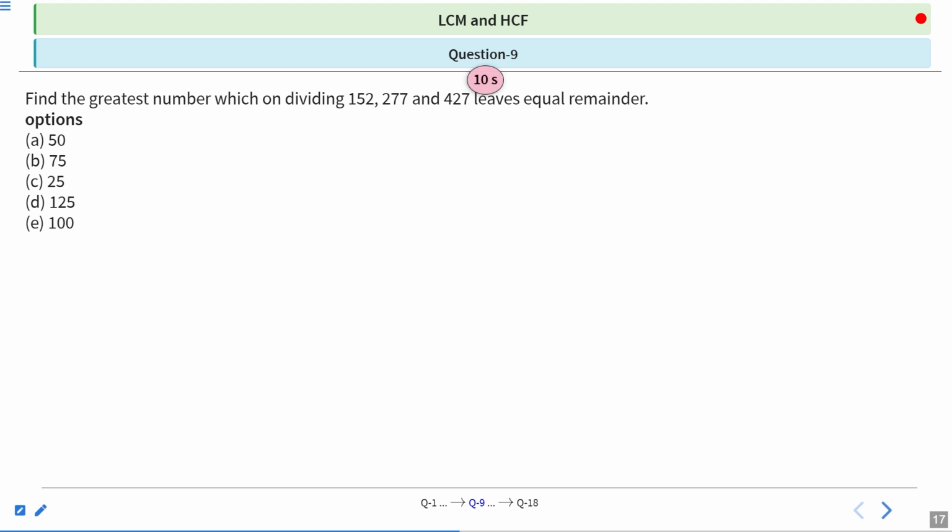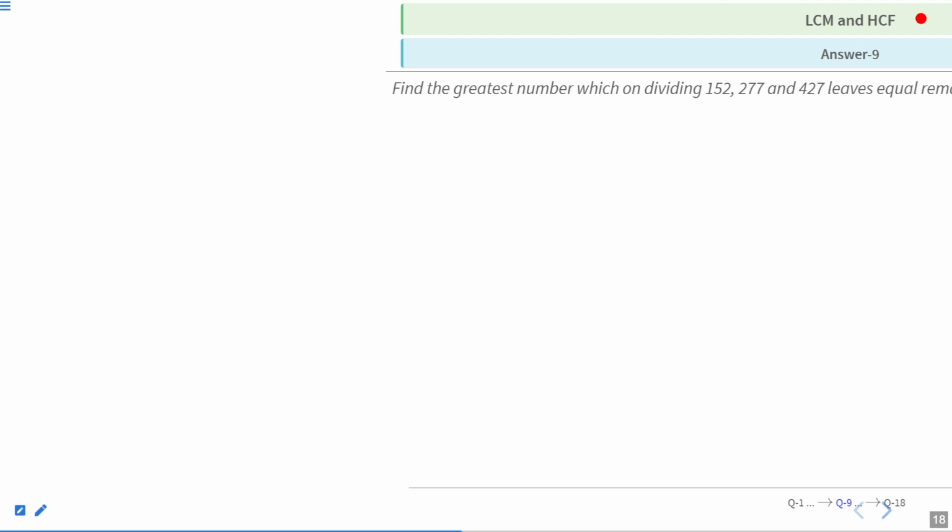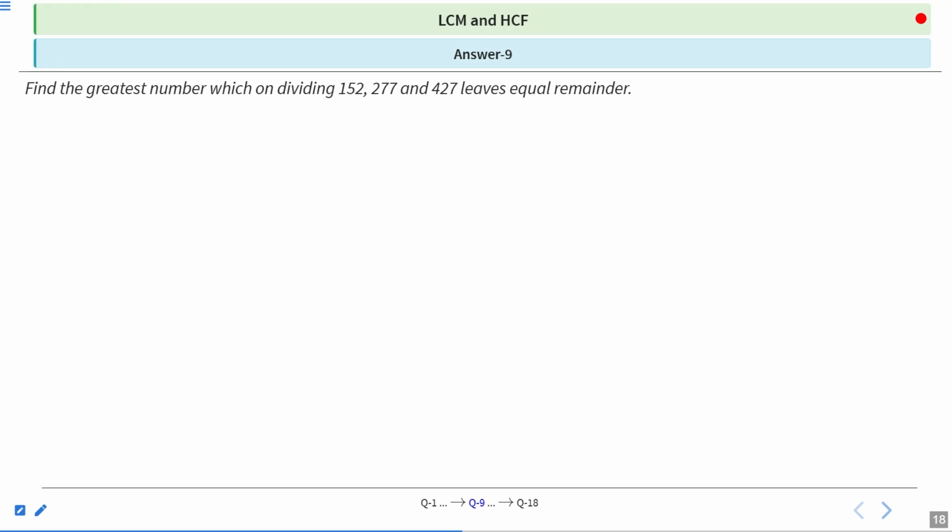I am giving you 10 seconds to find out the correct answer, and after that I will do the solution for you. So we have to find the greatest number so that when dividing 152, 277 and 427, we get an equal remainder.